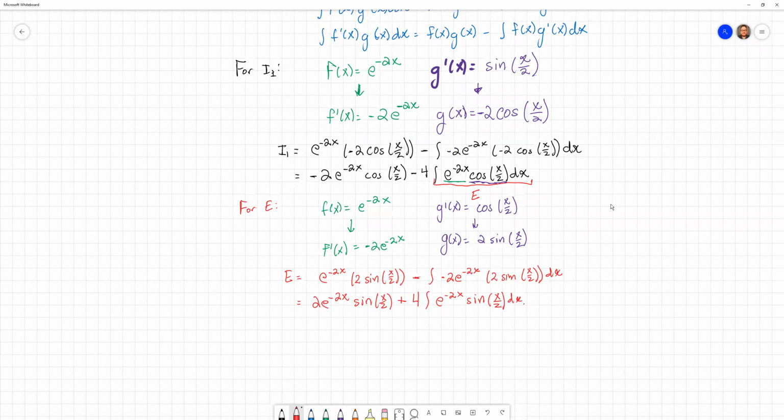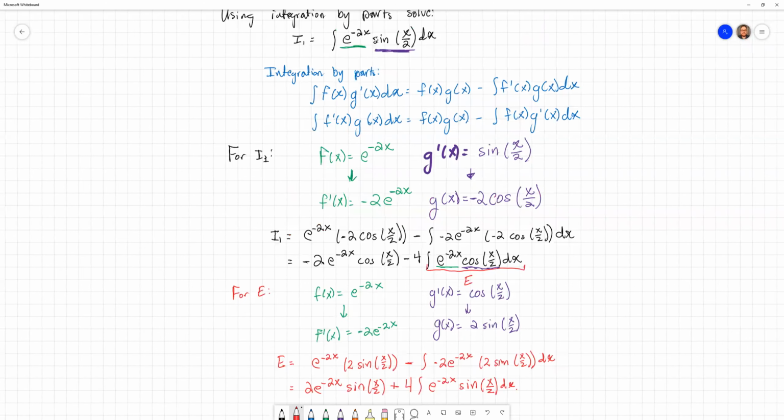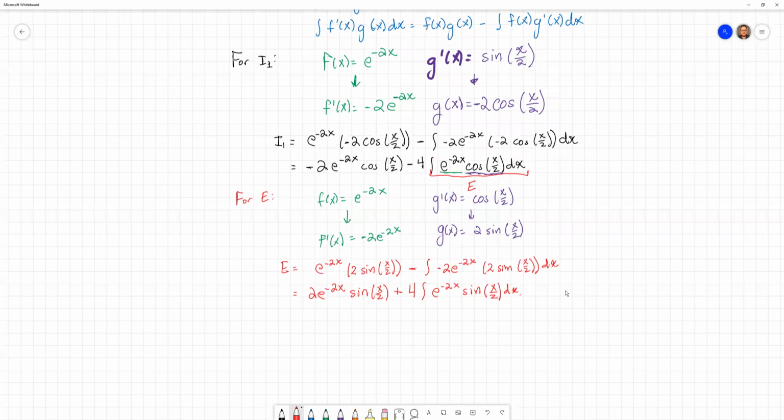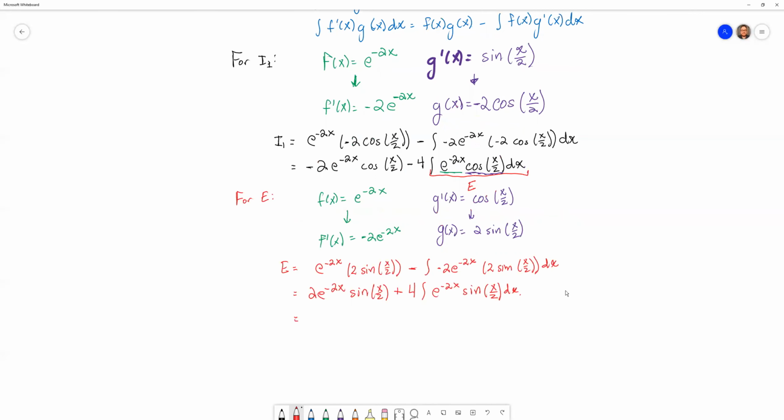Well, if we look back at the start, we actually find that we found the original integral within E. So we can rewrite this as equals 2 e to the minus 2x sine x by 2 plus 4 I1.